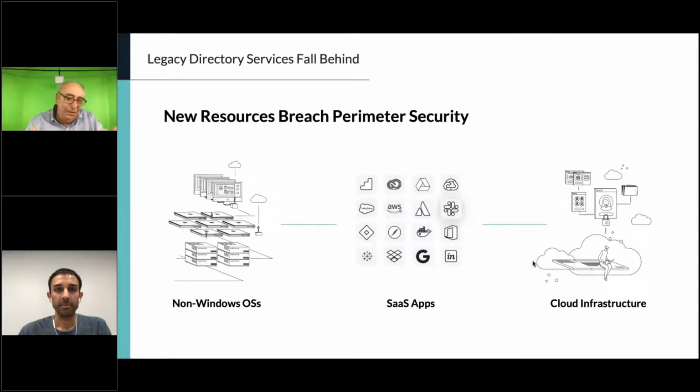So the attack surface here is just infinitely bigger. And the idea of having a single domain with a directory that's going to allow you to manage all this, what we had before just isn't designed for this. I mean, it's the wrong tool, wrong time, wrong job.